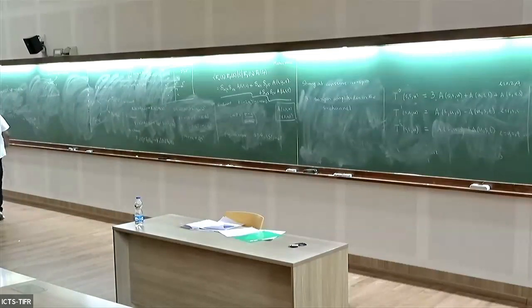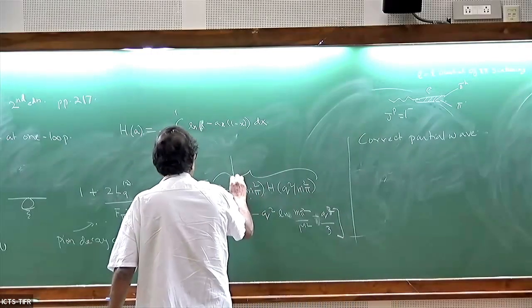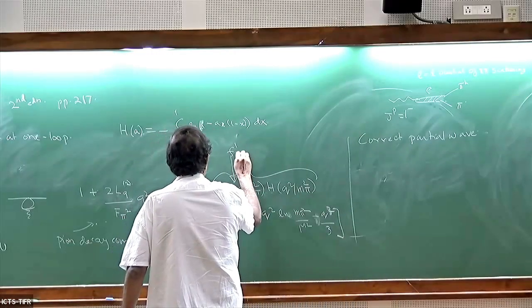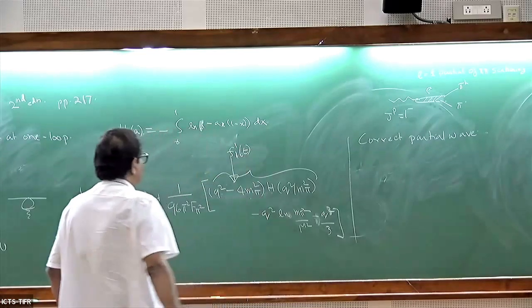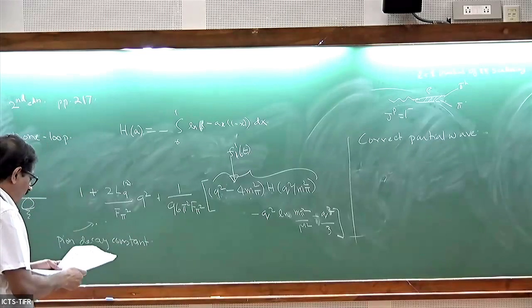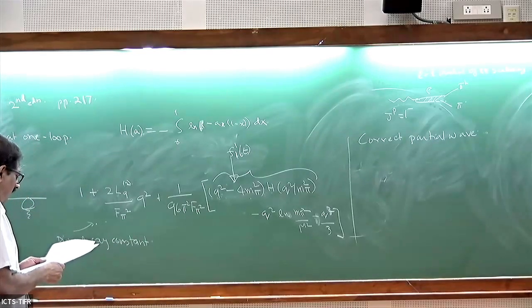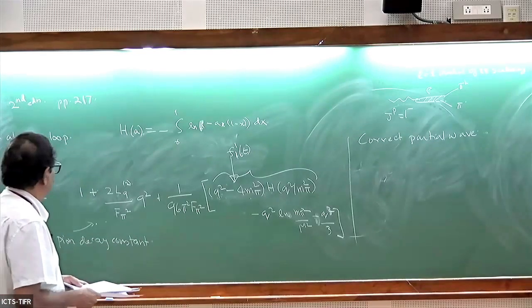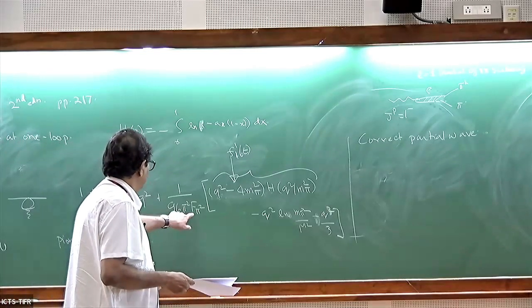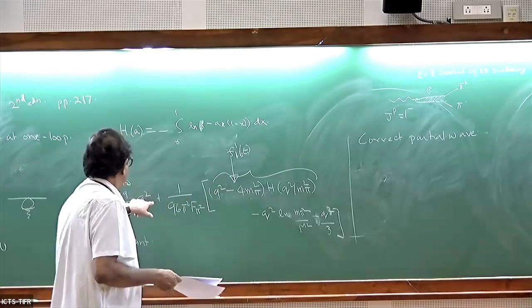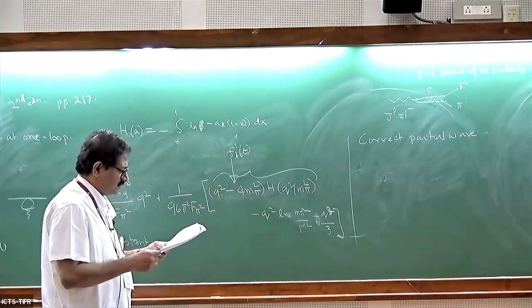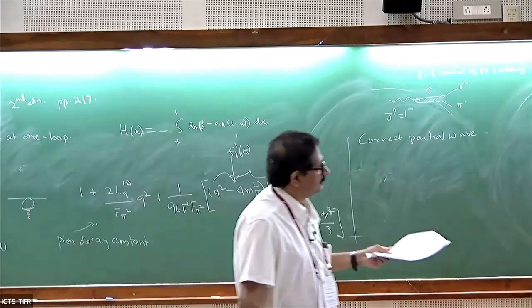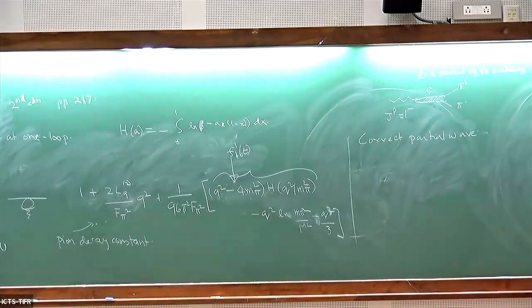So this guy over here, this s minus 4m squared, is f11 of whatever it is, t in this case. Okay. So let me check now that this is in fact correct. Now you can check, you can see that this 96 pi squared, f pi squared, all these things are correct, and then this satisfies the unitarity relation that was present on the blackboard some time ago, which I think has now been duly erased.